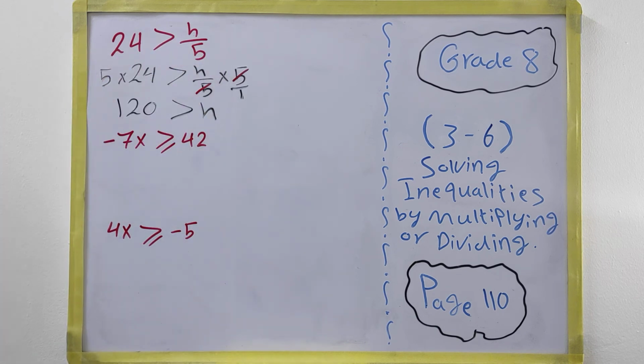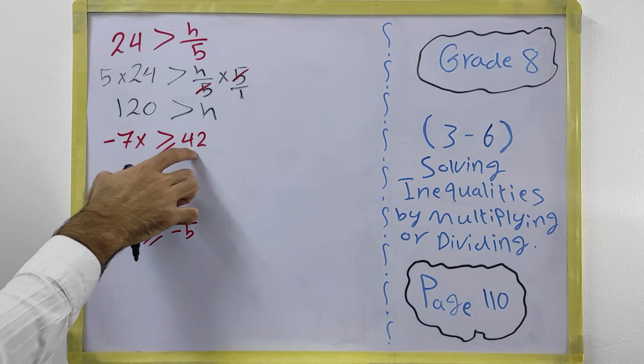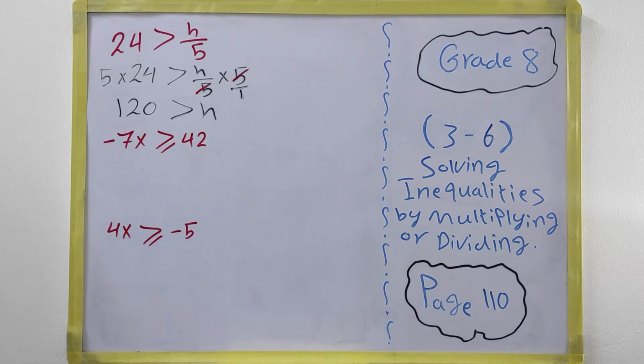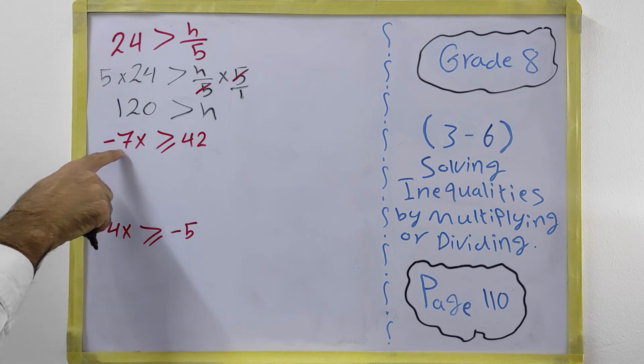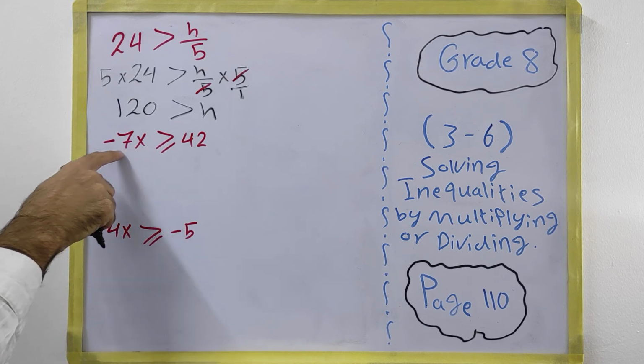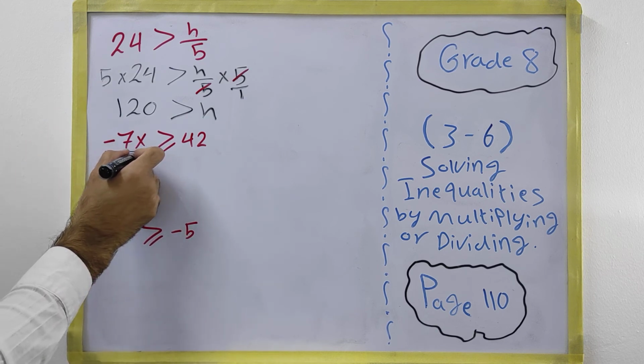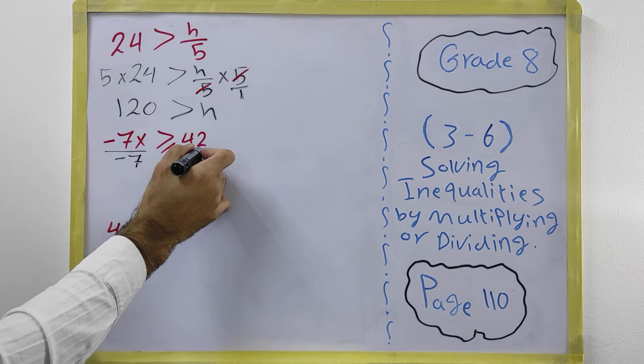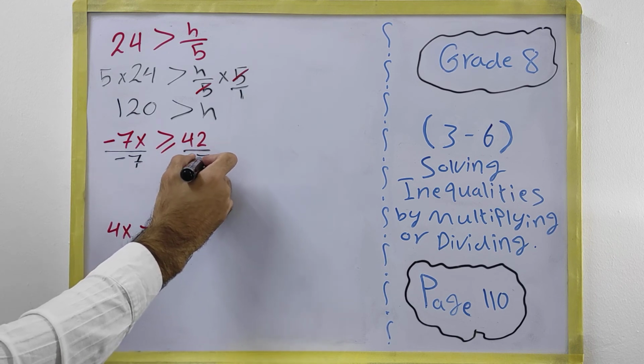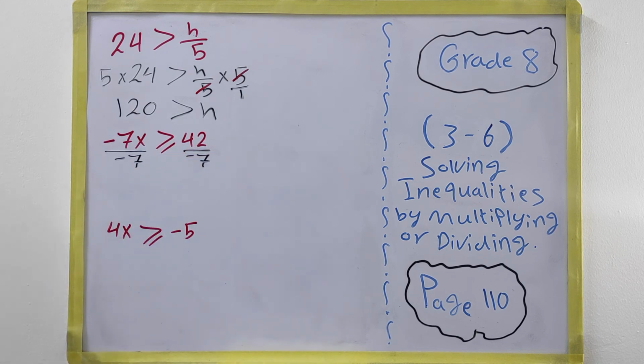For this one we have negative 7x greater than or equal to 42. In this case we said whenever we have any number multiplied with the x, we divide both of the sides by the same number. We have negative 7, we divide by negative 7.